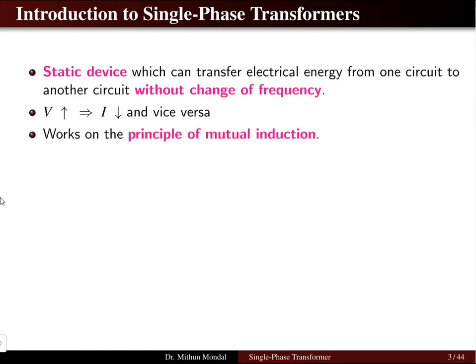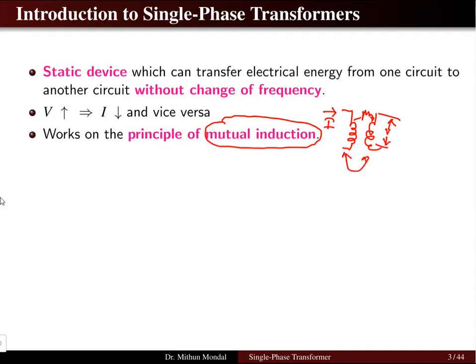The principle of the transformer operation is mutual induction. We have covered in the lecture series self and mutual induction, where we have known that when two inductors are in close proximity to each other and they are coupled by mutual induction, then due to the current flowing in one of the coils, there will be voltage induced in the other coil, even though the two coils are not touching each other.